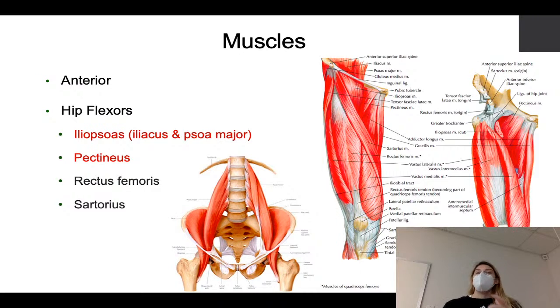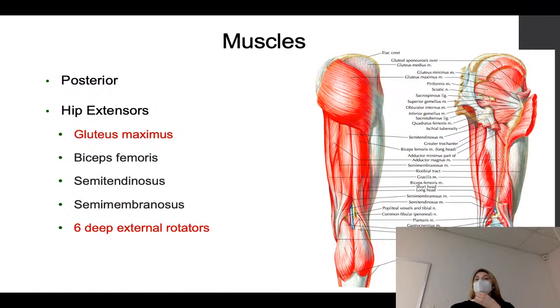So the only new hip flexors we're going to talk about are going to be what's called our iliopsoas, which is a combination, oh, I see a spelling error, of our iliacus and our psoas, there should be an S right there, psoas major muscle that's combined. And we're going to learn our pectineus, but you should already know your rectus femoris and your sartorius.